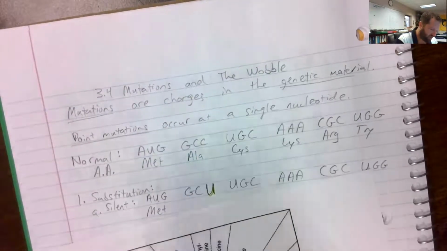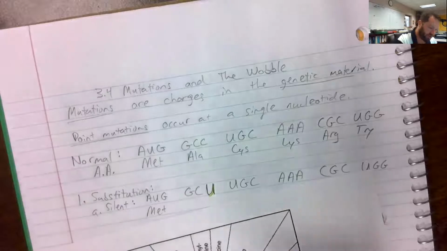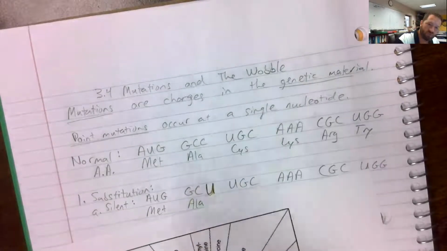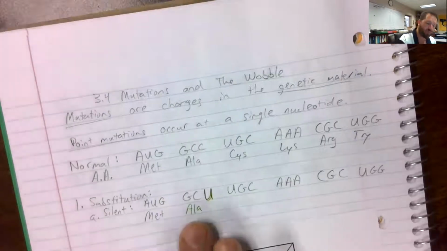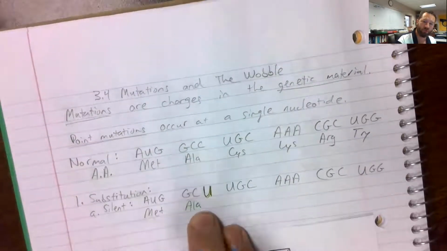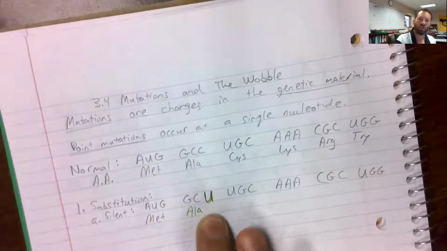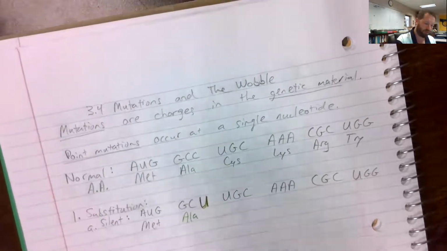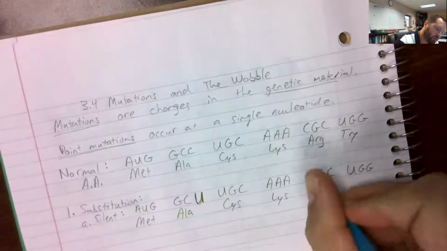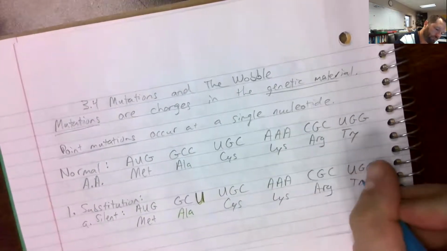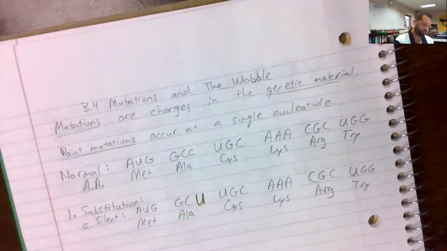GCC and GCU both code for alanine. So we actually don't have a change in our amino acid, and that's why this one's called a silent mutation. There is a mutation, there is a change, but there's nothing new. It's still going to be the exact same protein. Hey, not a very big deal, huh?